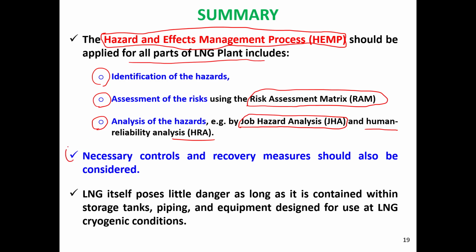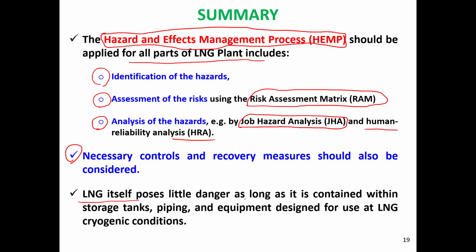We also need to consider necessary controls and recovery measures, the control system, and multiple layers of critical safety conditions. They all have to be considered, well designed and implemented. As I said, LNG itself is a liquid at low temperature and low pressure.